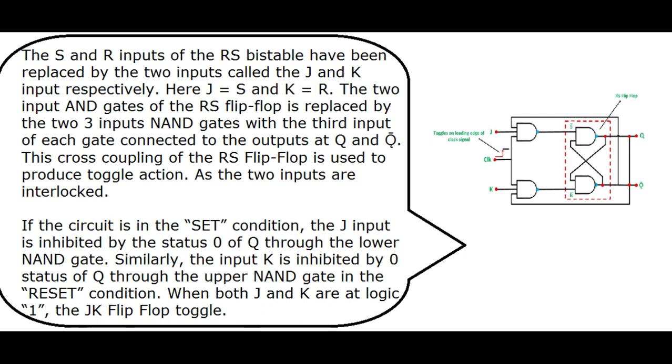If the circuit is in the set condition, the J input is inhibited by the status 0 of Q-bar through the lower NAND gate. Similarly, the input K is inhibited by 0 status of Q in the reset condition through the upper NAND gate. When both J and K are at logic 1, the JK flip-flop toggles.